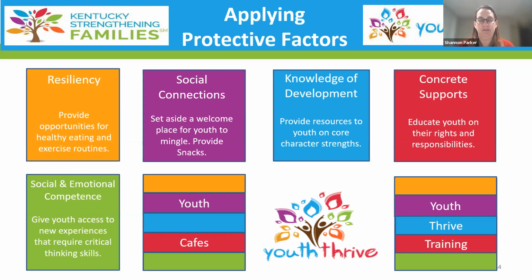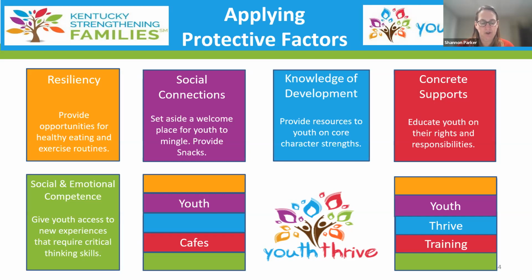For knowledge of development, you can provide accurate information on sexual health, or create a handout and collect ideas from youth that have been beneficial to them. For concrete supports, invite youth leaders to be co-trainers, and host a reality store program at your school or community to help students learn basic skills in financial planning, goal setting, and decision making.